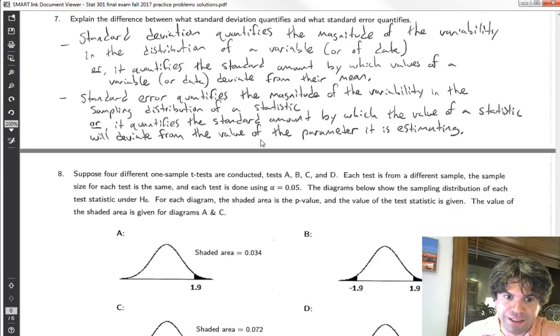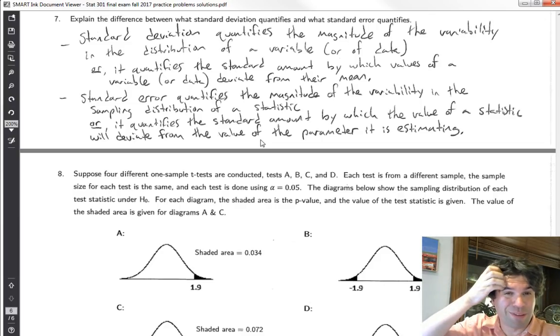Okay, standard error. Let's apply that same method. The standard amount by which there is error. Error in this case refers to using a statistic to try to estimate an unknown population parameter. We saw this when we were talking about using x bar, the sample mean, to estimate mu, the population mean.